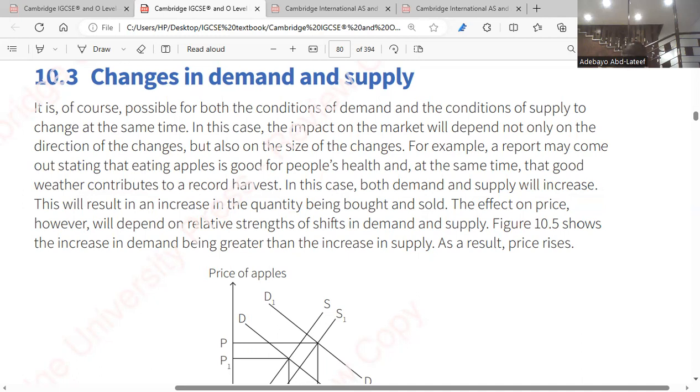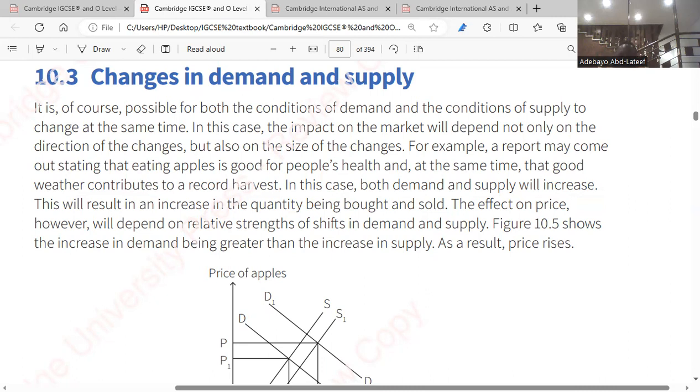So the demand for apples will increase, and the supply of apples will increase, but not because of the price of apples. It is increasing because the weather condition has allowed us to plant more apples, and they grow faster. So demand and supply are increasing at the same time. Do you get it? Yes.